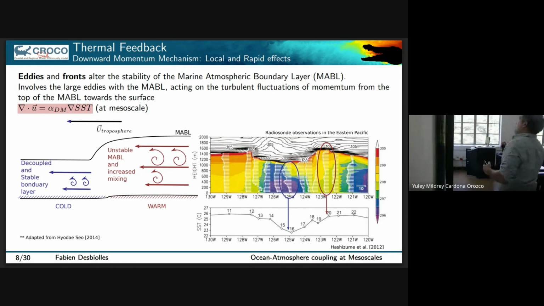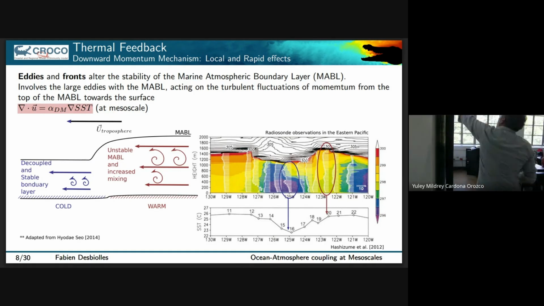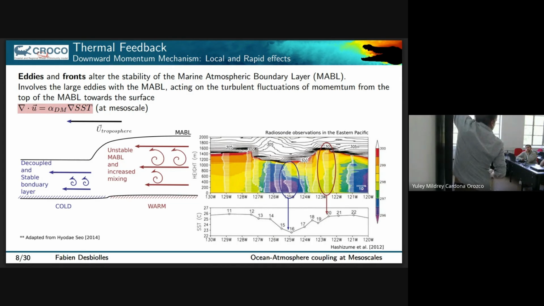So if the wind blows from warm to cold, we have a negative SST gradient, so we lose some temperature, and the creation of convergence, okay? And obviously, this is what is happening at the surface, but that convergence means upward movement and creation of clouds, okay?